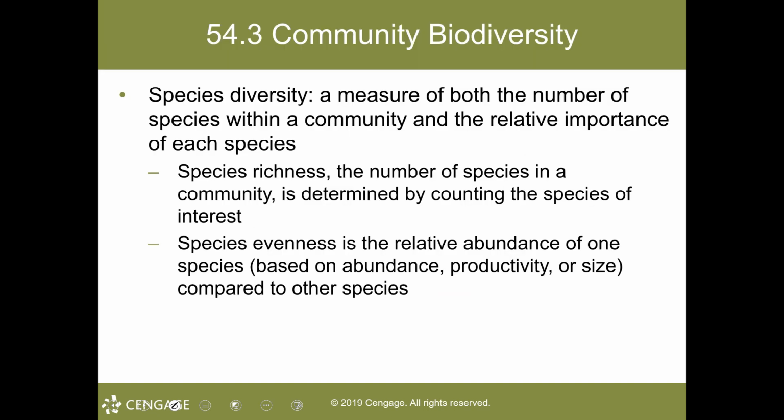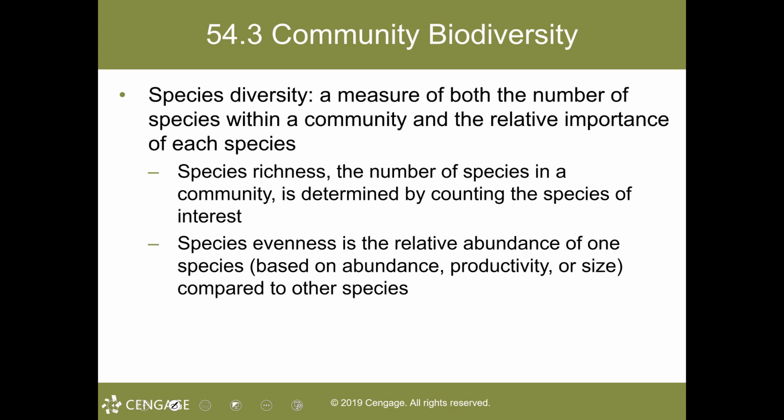So next we get to community biodiversity. Prepare yourself to describe all of this in your test. With community biodiversity, keep in mind that species diversity is a measure of both the number of species in the community and the relative abundance of each of those species.